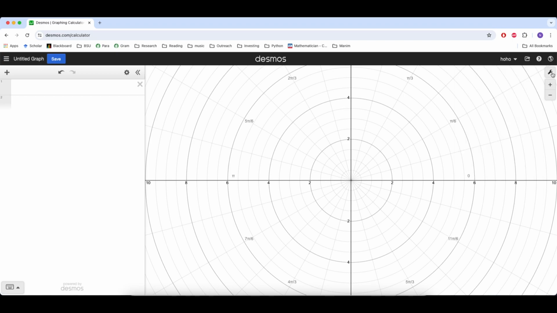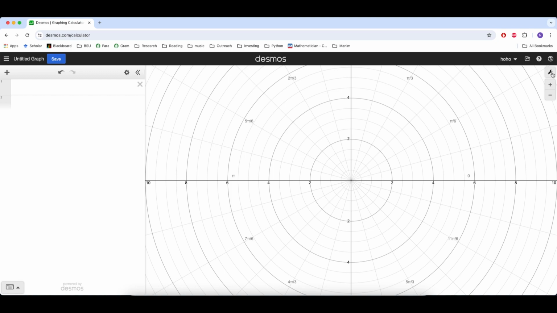As I mentioned in the lecture, there are many fancy graphs that you can draw using equations in the polar coordinate system. So I'm going to draw some polar curves such as the circle, the cardioid, and the rose curve.